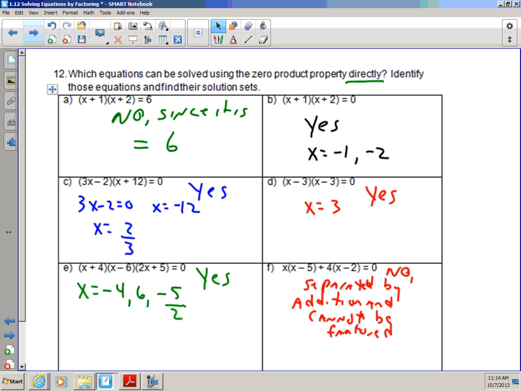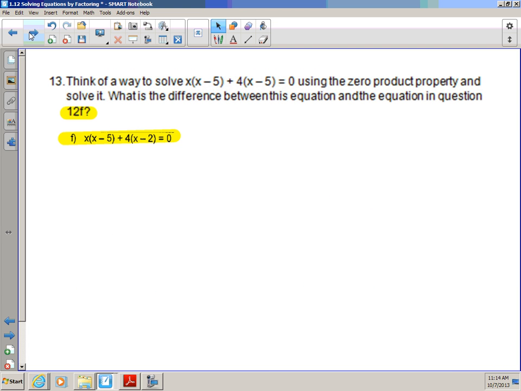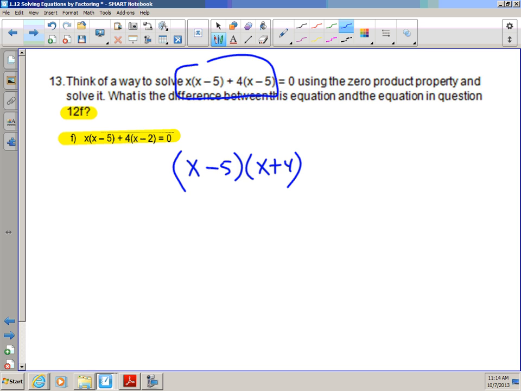You'll see in Friday's lesson, 1.13, where we actually went through and solved those that were set equal to 6 using our quadratic equation rules of setting it equal to 0. So now let's look at the next example and contrast these two. This one can be solved because you'll notice they have a common factor of x minus 5. So I can rewrite this statement as such, and now I can easily determine that 5 and negative 4 are my solutions.